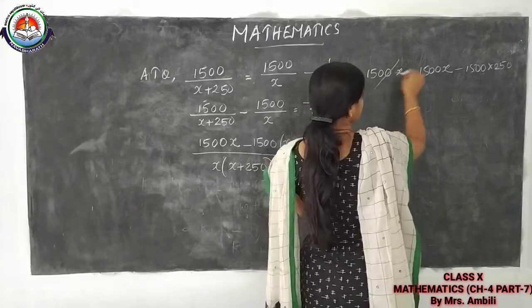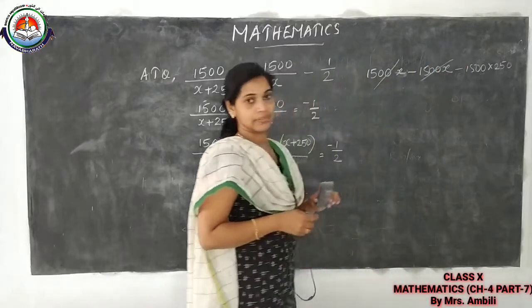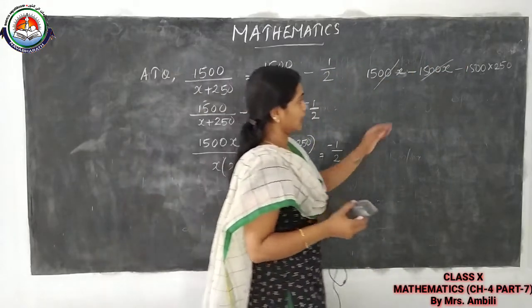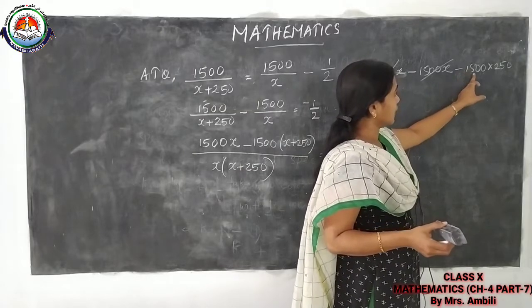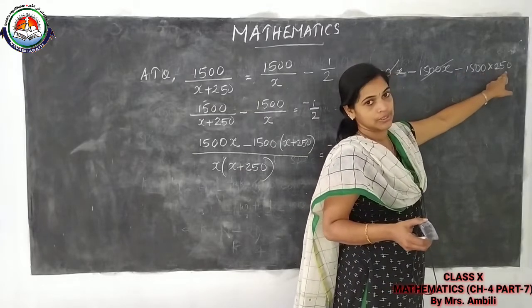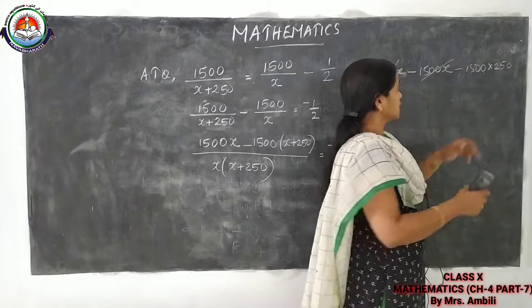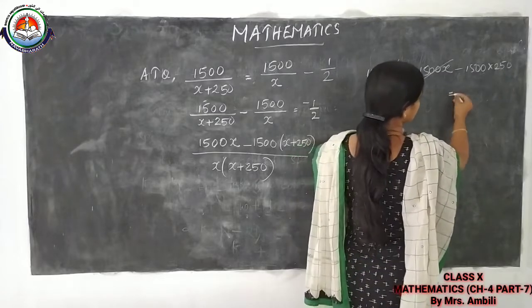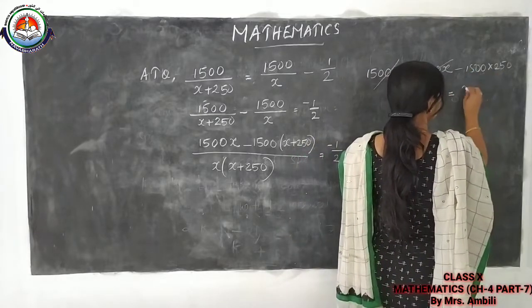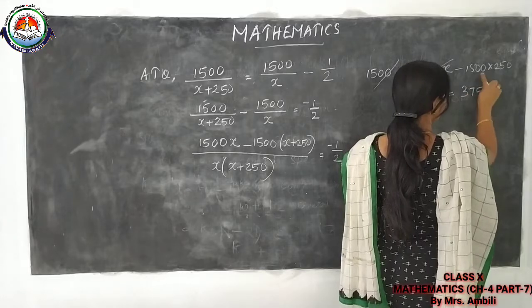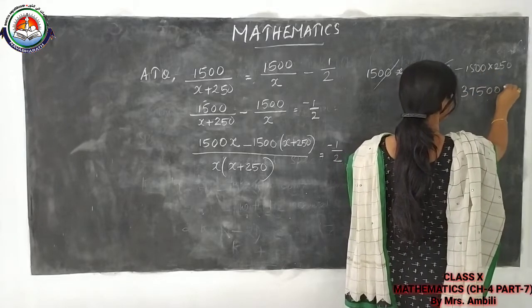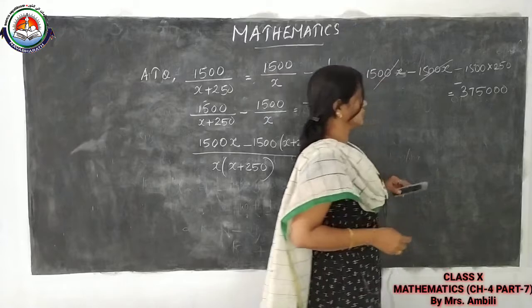What we will get here? Yes, this 1500x and 1500x we can cancel. So, what is only remaining? Minus 1500 into 250. Okay, so what is the answer? 25 into 15 is 375, with 3 zeros. Minus.